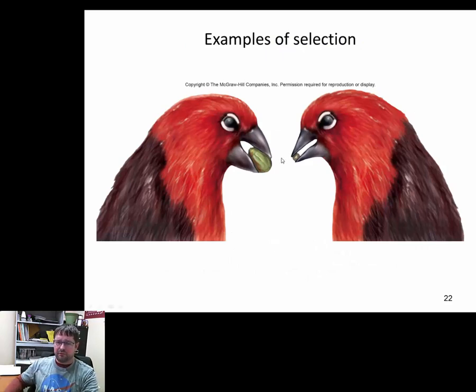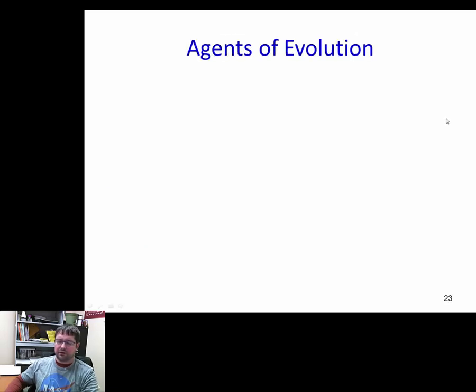Either you have a big bill and can crush big seeds, or a small bill and can handle very fine seeds. But in between, if you have a medium-sized bill, you're going to be outcompeted by the big-billed individuals and outcompeted by the small-billed individuals. And so that's a fairly good example. Now, often when you have disruptive selection, that's going to eventually amount to speciation. You're going to have two separate species.